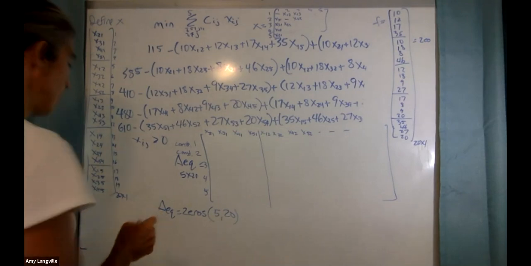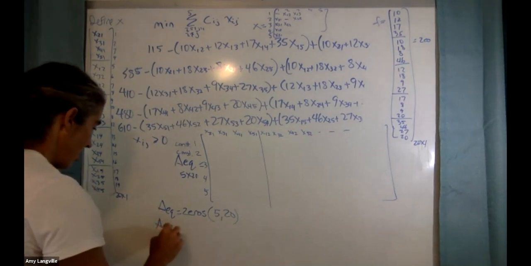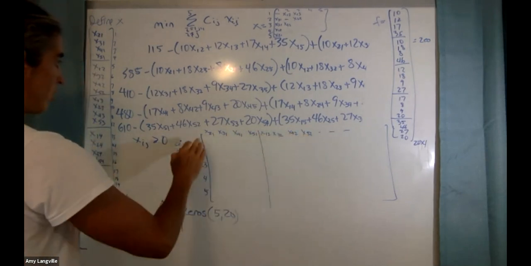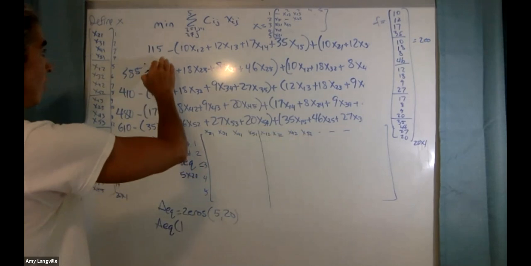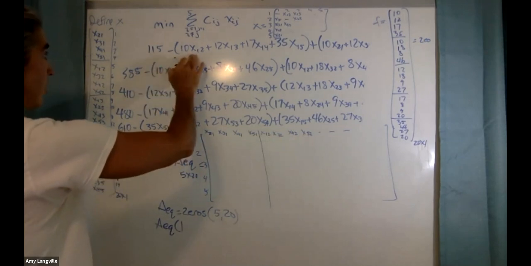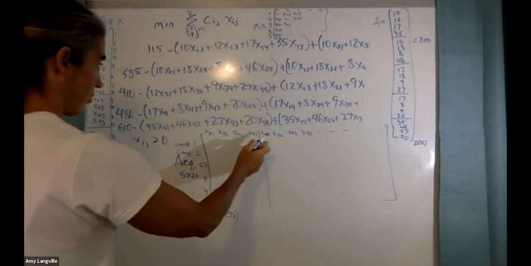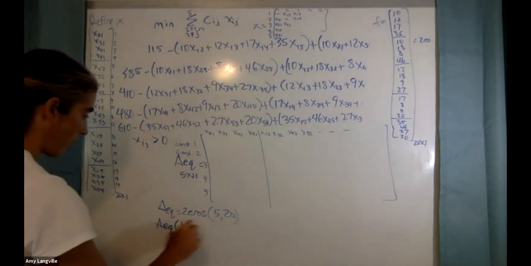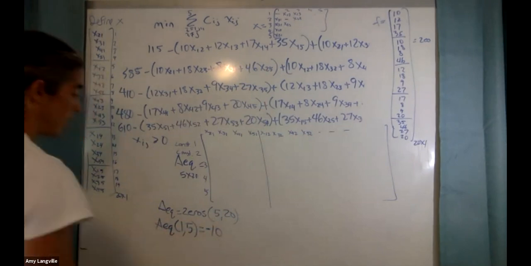For instance, for the first row of AEQ, where's the first non-zero? There's this one, -10. So I need to put a -10 in the 1,2 position, which is actually the 5th column. So 1,5 gets a -10.